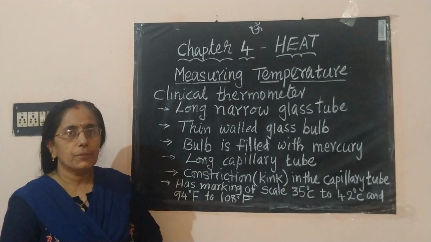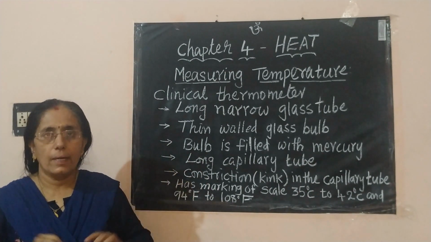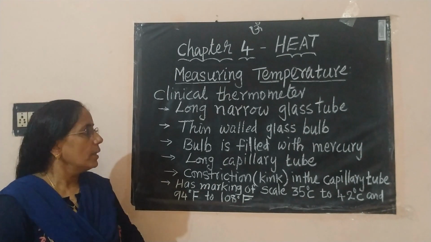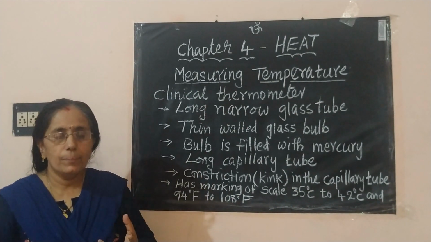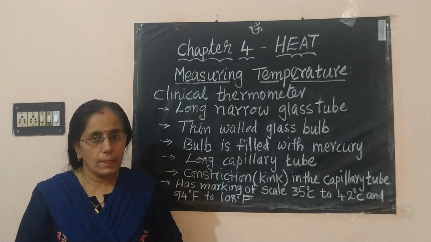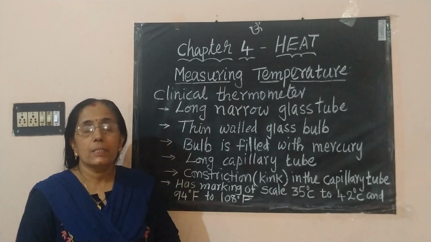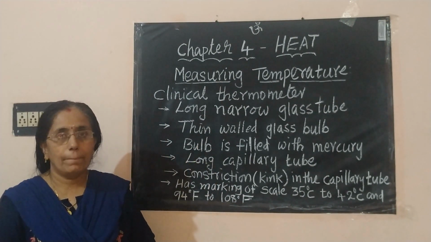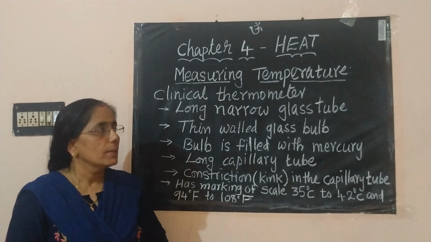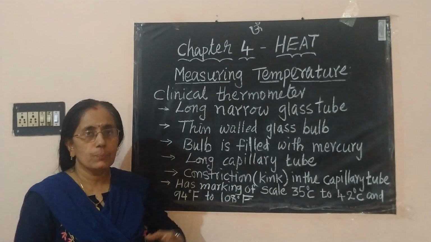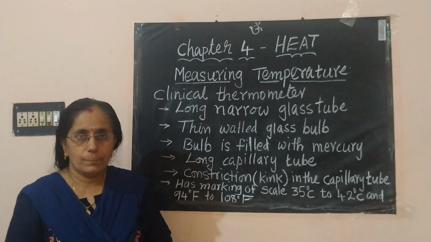A clinical thermometer consists of a long, narrow glass tube. It also has a thin-walled glass bulb at one end of the glass tube, and this bulb is filled with mercury. Children, there is one reason for taking the thin-walled glass bulb and also mercury in the thermometer.